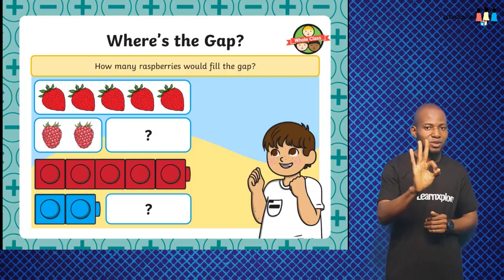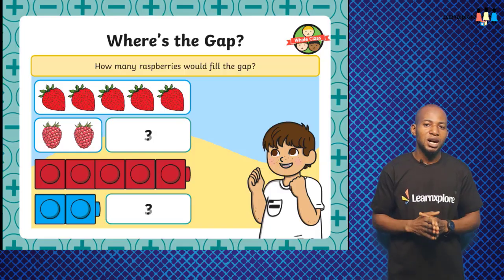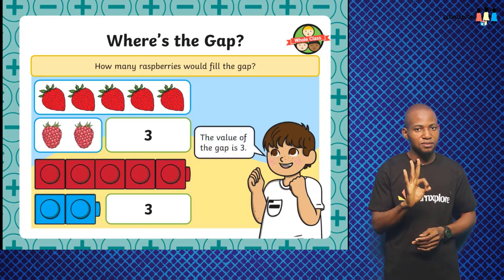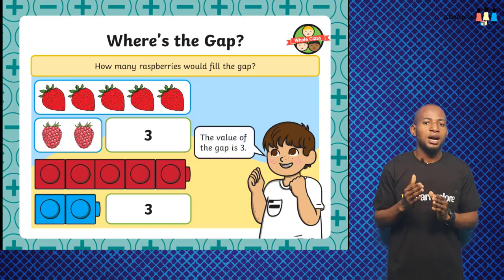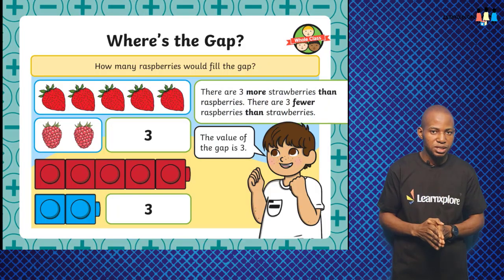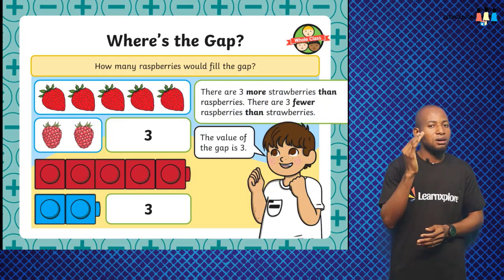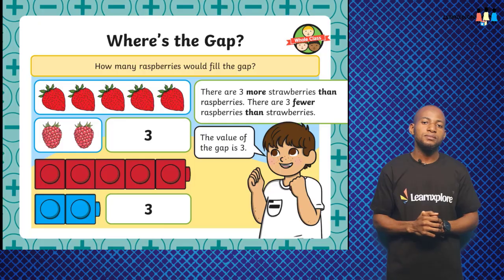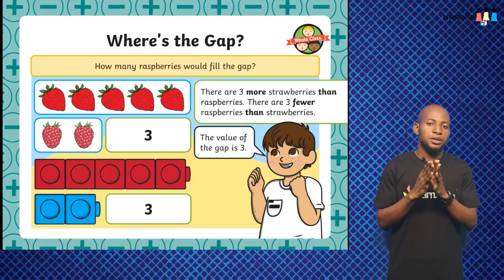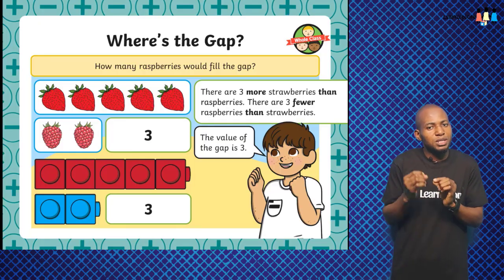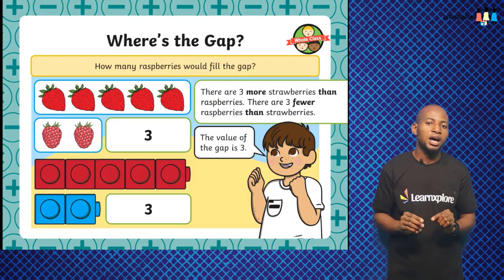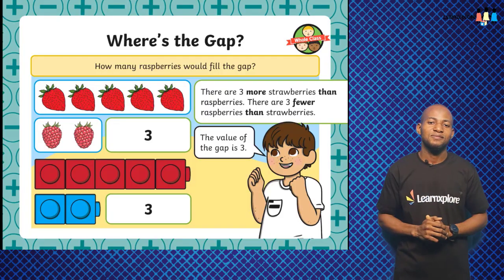You can see it, just 3. The value of the gap is 3. There are 3 more strawberries than raspberries. There are 3 fewer raspberries than strawberries.